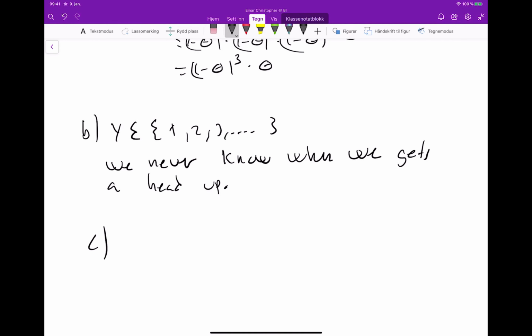C. Derive an expression for the probability mass function. So we are going to derive an expression for this probability mass function defined by f of y equal the probability of y equal y.